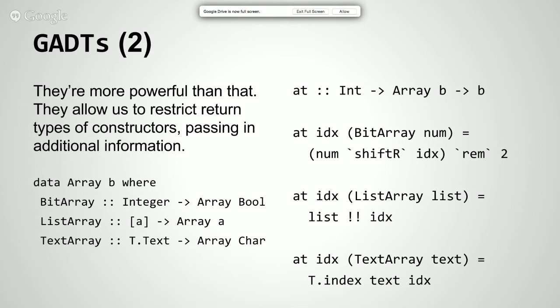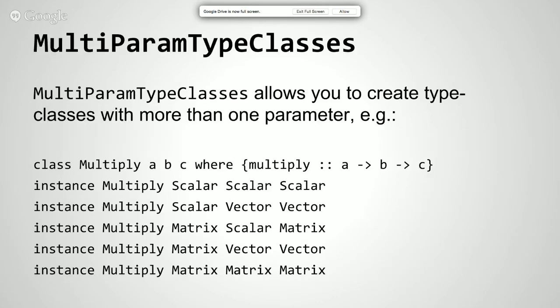So with this GADT, we can write a function called @, which will go into any of these array types, and it will do the right thing in a type-safe way. I can't really do GADTs justice in 2 minutes, but that's just the start of it. So yeah, those are very useful.